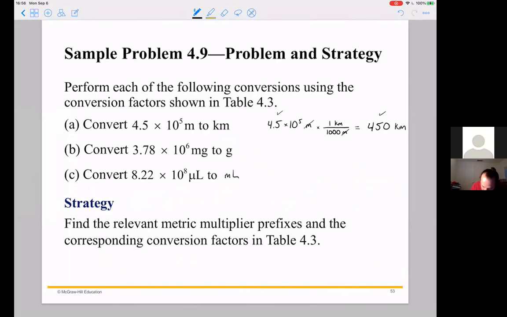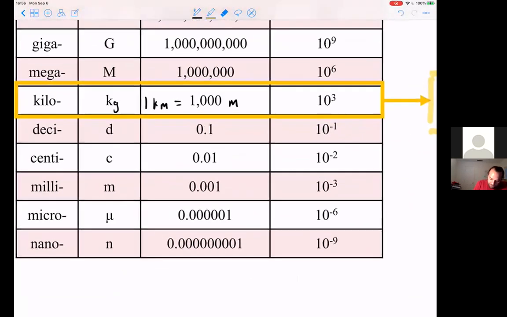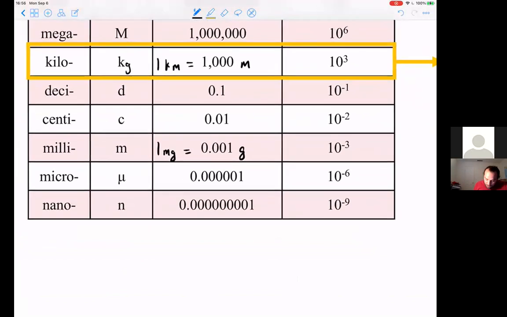Going from milligrams to grams, I have 3.78 times 10 to the 6 milligrams, and I want to go to grams. So let's look at our table. I go to milli, and what this is saying is that 1 milligram is equal to 0.001 grams.